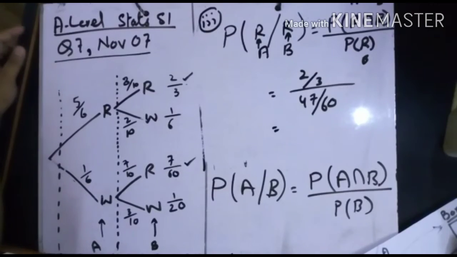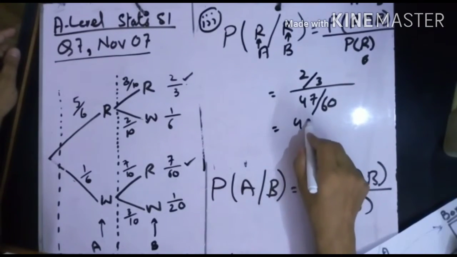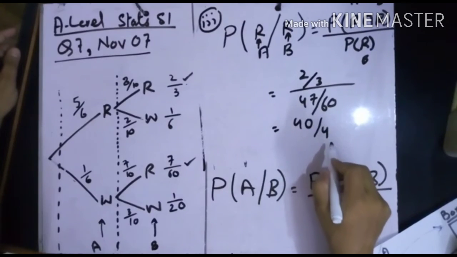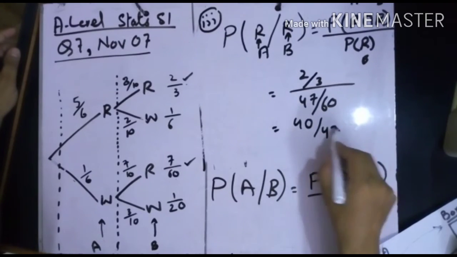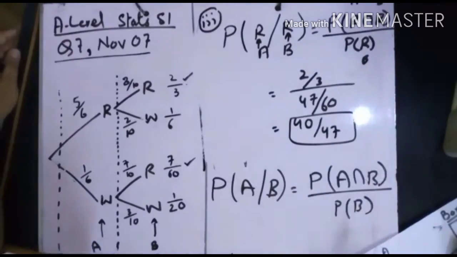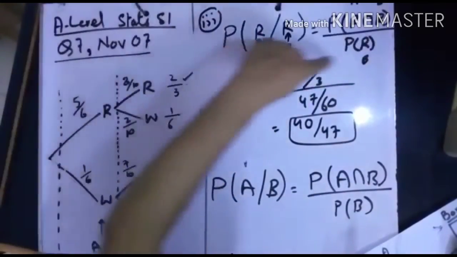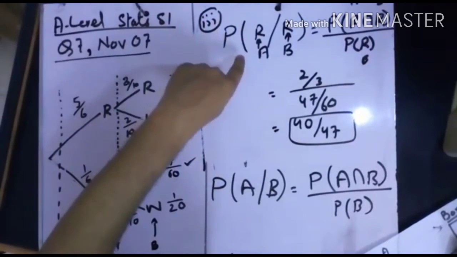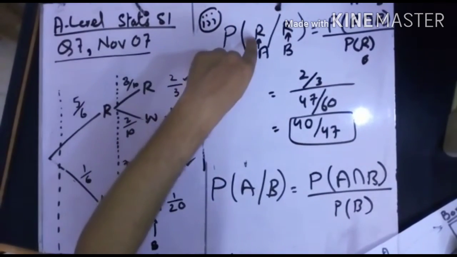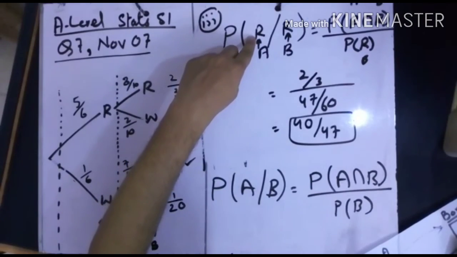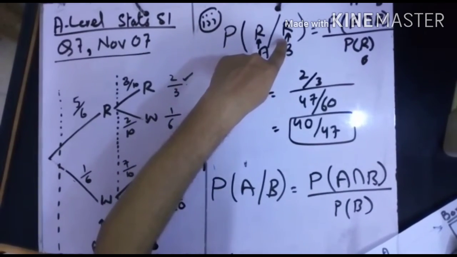So the answer, using your calculator, is 40 over 47. This is the answer of the third part. Here we use the formula of conditional probability whenever the probability of some event is required along with some given that.